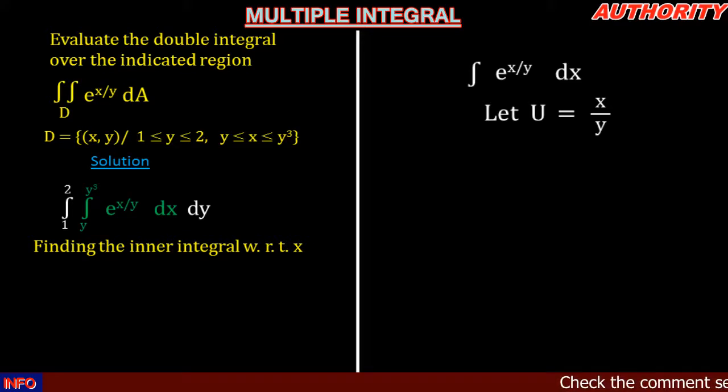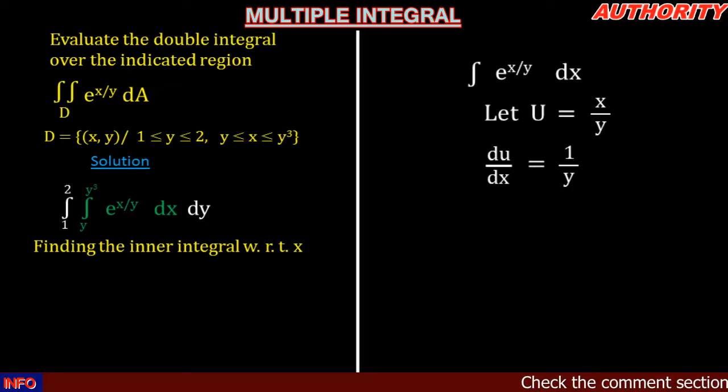So if u is equal to x over y, we're going to differentiate u with respect to x. That means we're going to say du dx, and when we differentiate x over y, it's going to give us 1 over y.